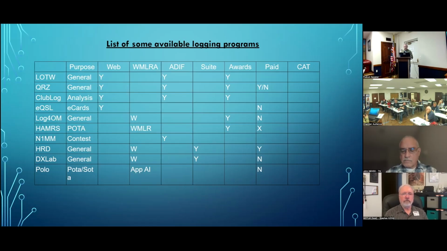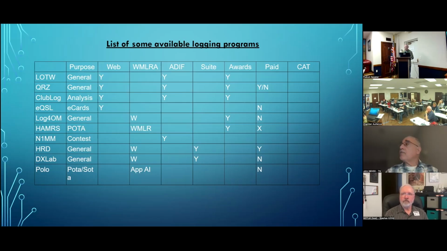eQSL is another special program. It allows for electronic cards to be exchanged. As you know, in the beginning of radio, people exchanged physical paper cards to confirm contact sometimes, and you could do that via the ARRL Bureau or direct.